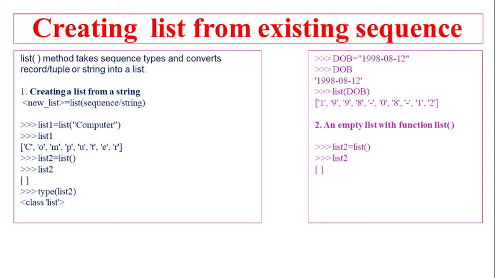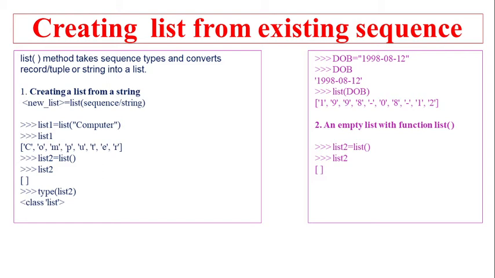The list function takes sequence types and converts a record, tuple or string into a list. Here we are applying a function called list, and that takes any sequence type. It can be a record, a tuple, or a string, and it converts it into a list.